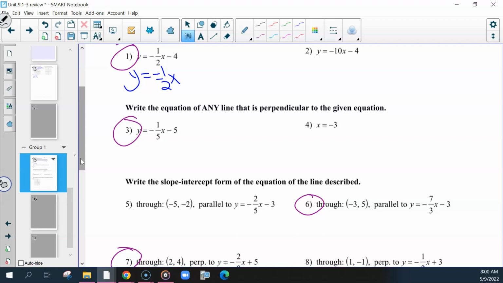So y equals positive 5x, and then whatever y-intercept you want, could be the same, could be different, doesn't matter. Questions on that? For perpendicular, the y-intercept does not matter at all. For parallel, it just can't be the same.